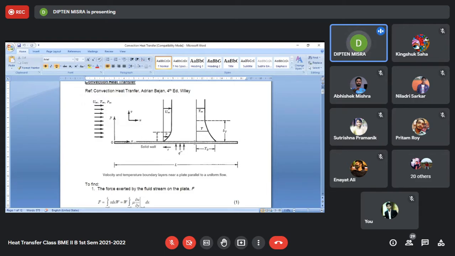Here we have shown a flat plate, and that has a beginning, and it may be quite a long one, infinitely long, and the fluid is otherwise moving with a velocity of u infinity.